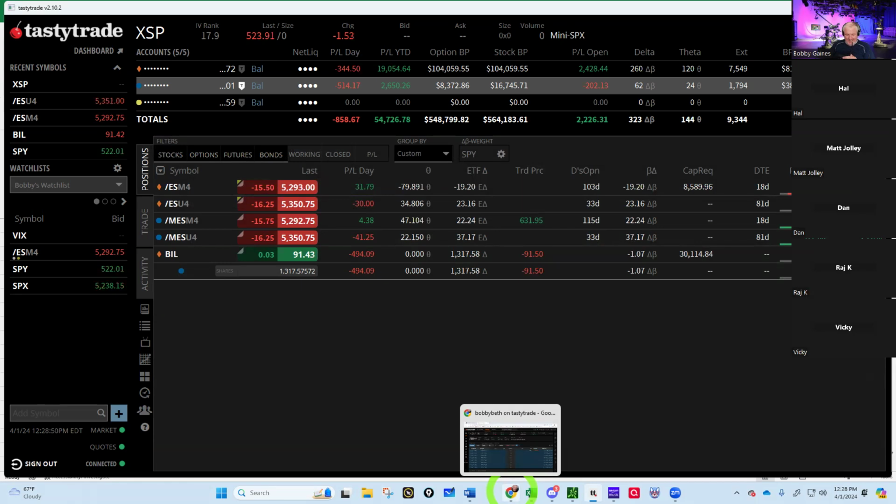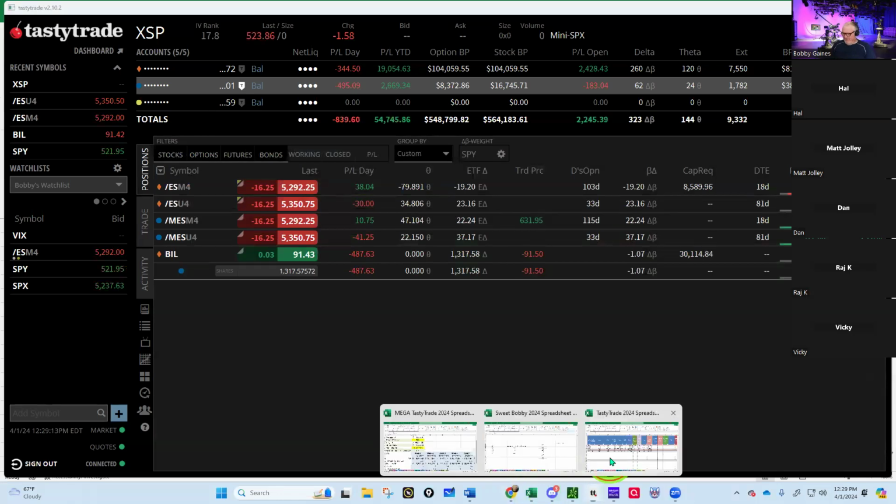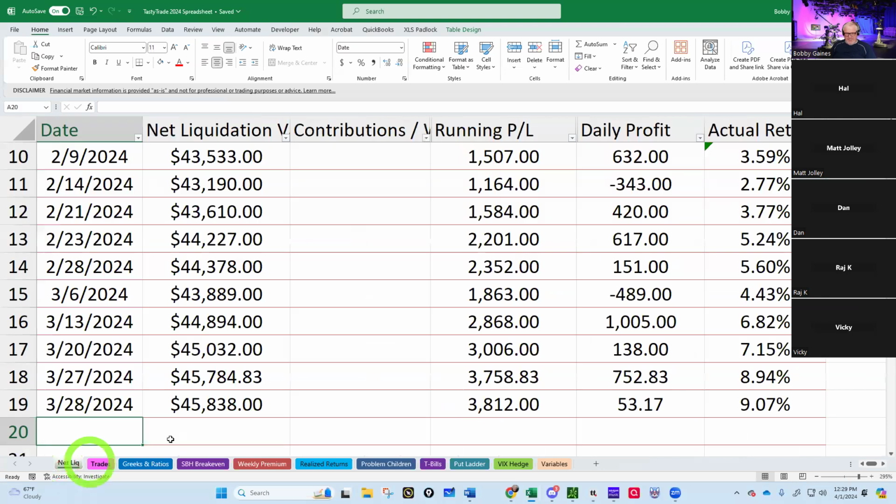There we go. So now let's see how much we got in this account. So today, I can't believe we're down $510. That's a big move. Settings, account, privacy. We don't want privacy. So let's go back. So we are at 45,264.02. Let's pull that up. Can't believe we're down that much.